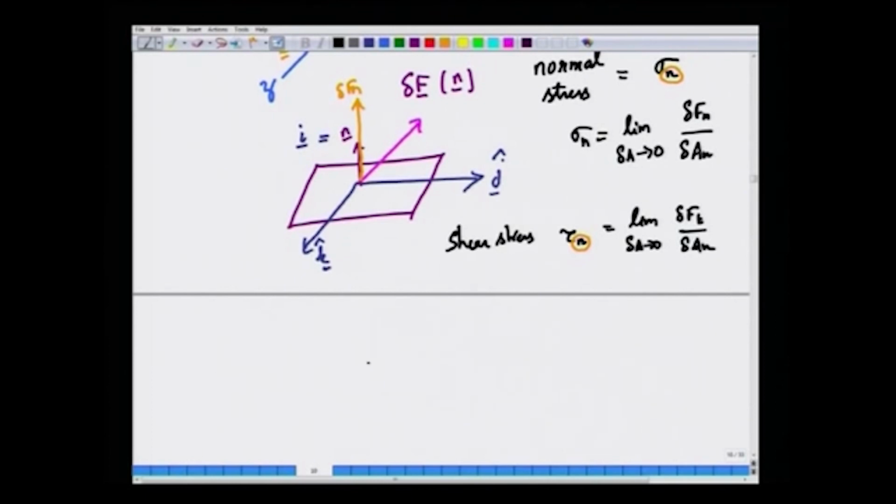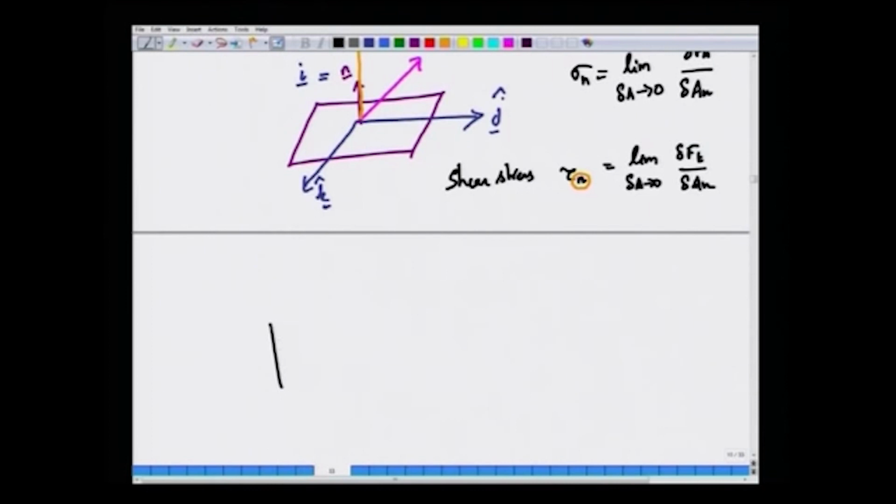For this particular surface, you are now considering a surface whose unit normal is in the plus i direction. This force can be resolved into a normal component delta f x, a component along y, delta f y, and a component along z, delta f z.